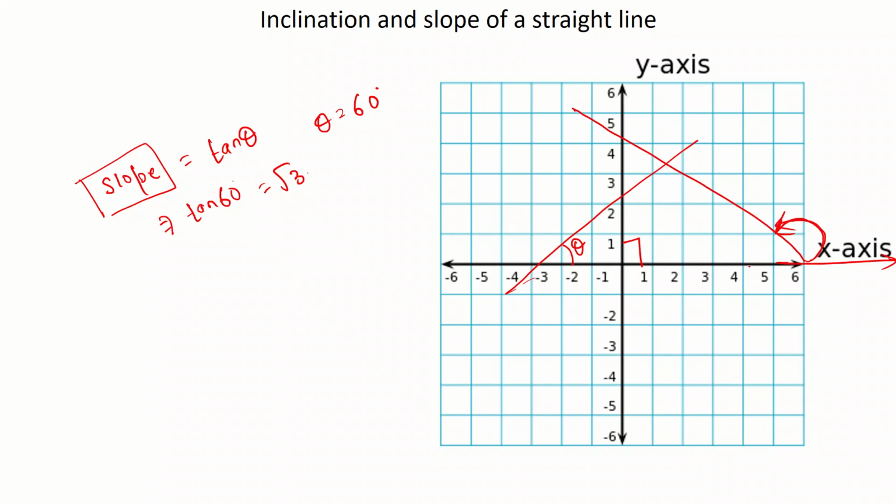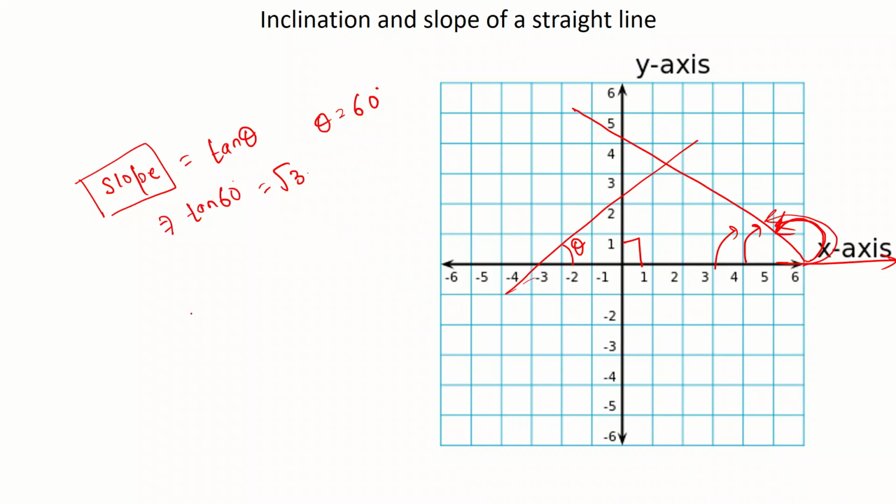So remember that you cannot go in this direction. Why? Because I told you that the angle has to be made from the right hand side, the positive direction of the x-axis. That is why you cannot go this way. You always have to go from here to here. So in that case, my inclination will be something greater than 90 degree, which will be obtuse.